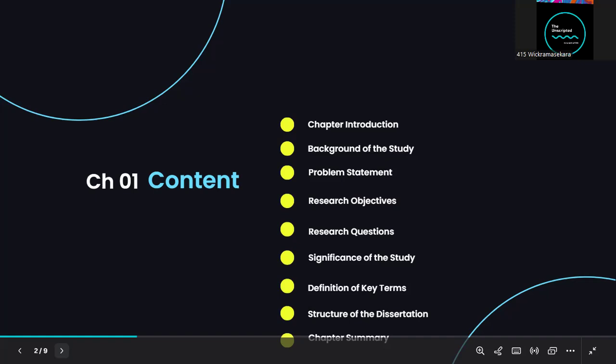So theoretically and also practically and empirically, you can justify your problem. And please include necessary citations to justify your problem when you're writing your problem statement.